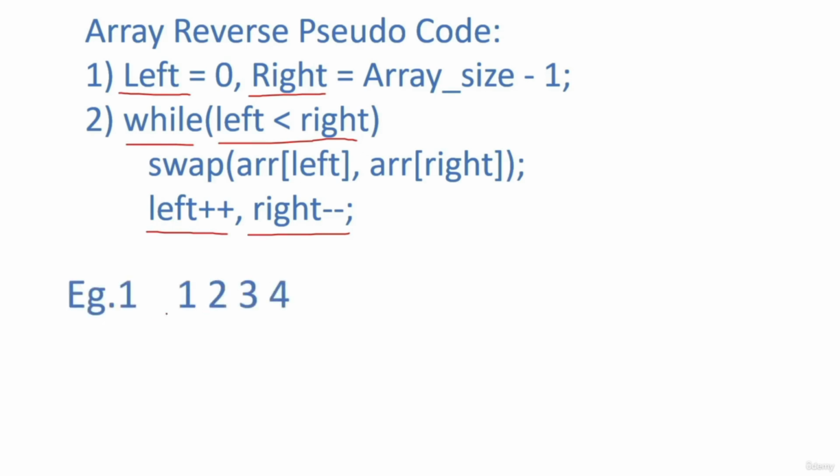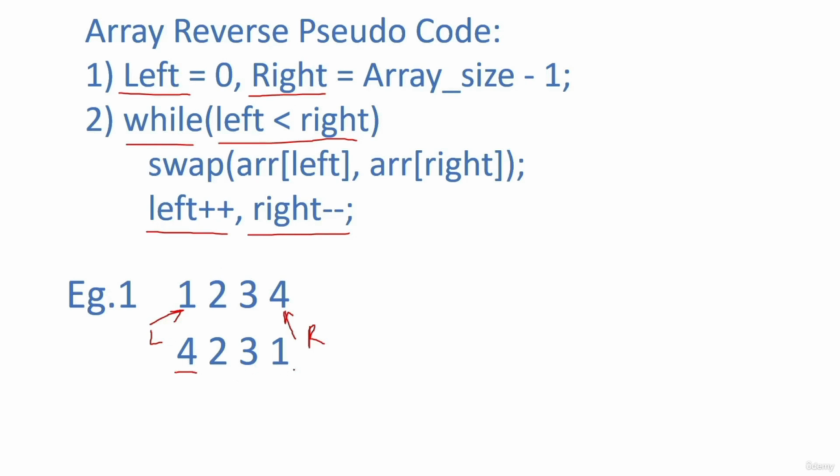Here is the example in which we have been given an array of 4 elements: 1, 2, 3, 4. So according to our pseudocode, the left pointer will be here and the right pointer will be here at first. Then in the second step, we will swap 1 and 4 as the left pointer is less than the right pointer.